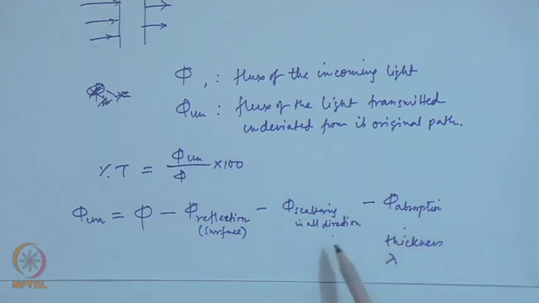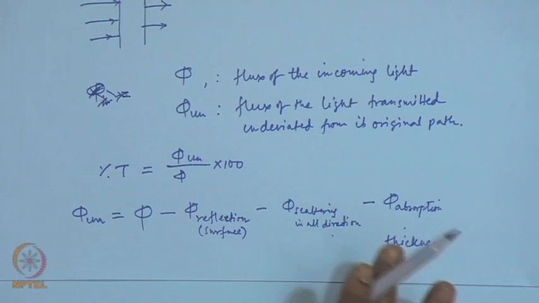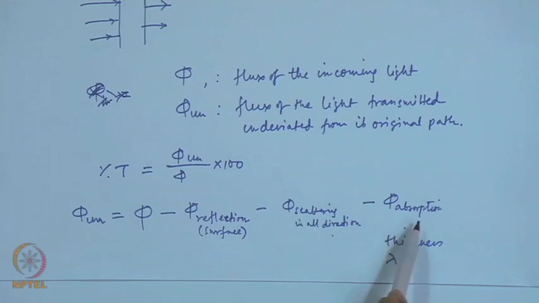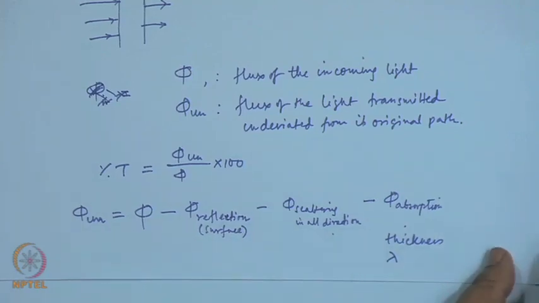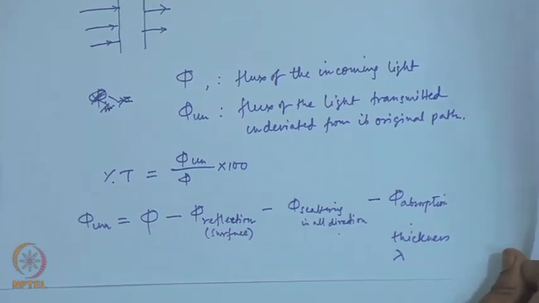Now, if there is no scatterer present in the polymer material, and also nothing absorbing, then the transparency is only given by the loss due to reflection. If we can find out theoretically the extent of reflection, then we can find the maximum transparency of any plastic material, and that is theoretically given by the Fresnel equation.